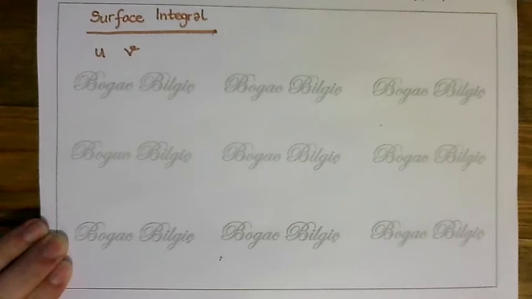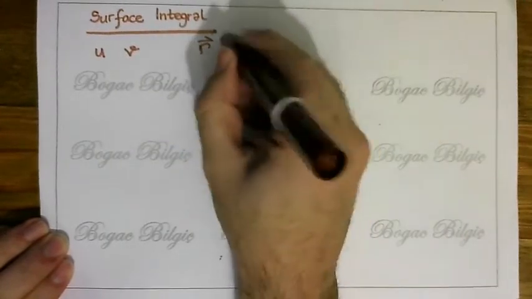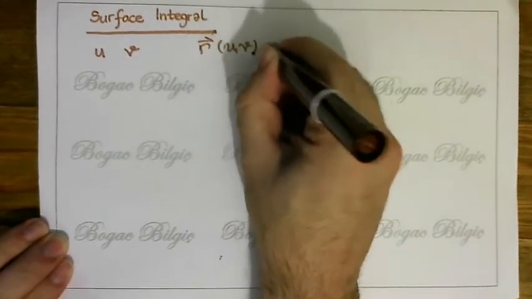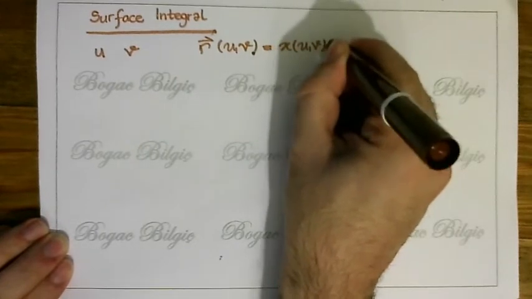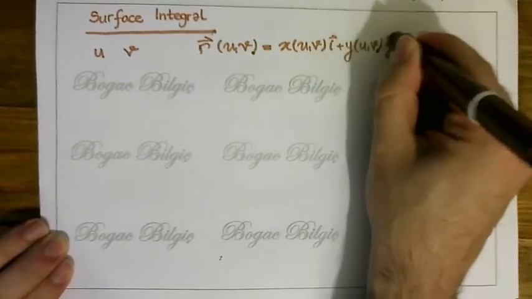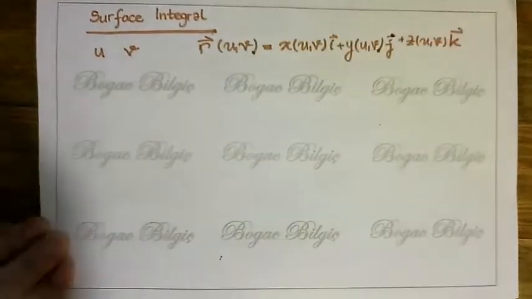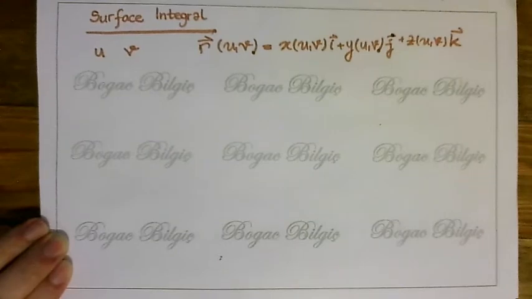The set of points (x, y, z) given by r vector (u, v) is equal to x(u, v) i plus y(u, v) j plus z(u, v) k are the parametric equations for the surface S. Each choice of u and v gives a point on S. By making all choices, we get all of S.